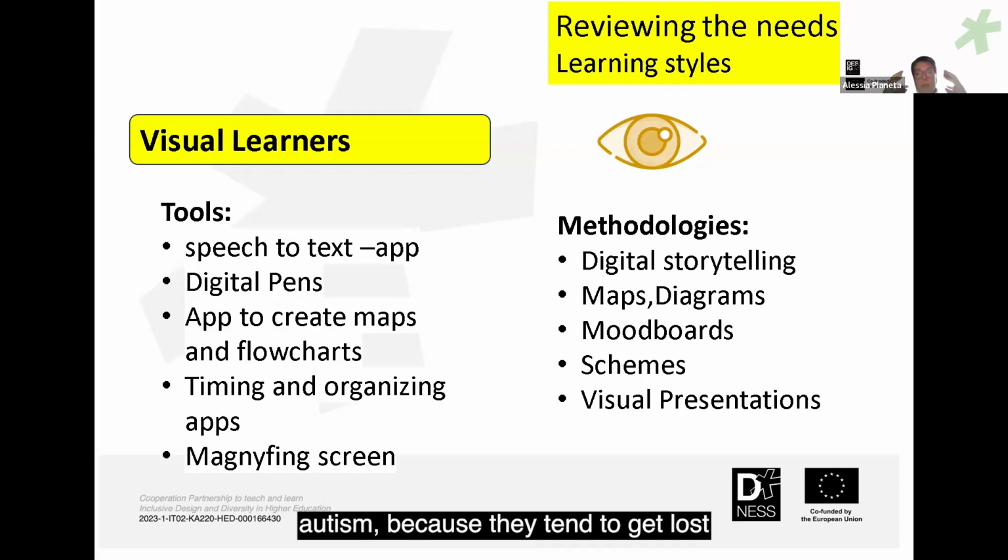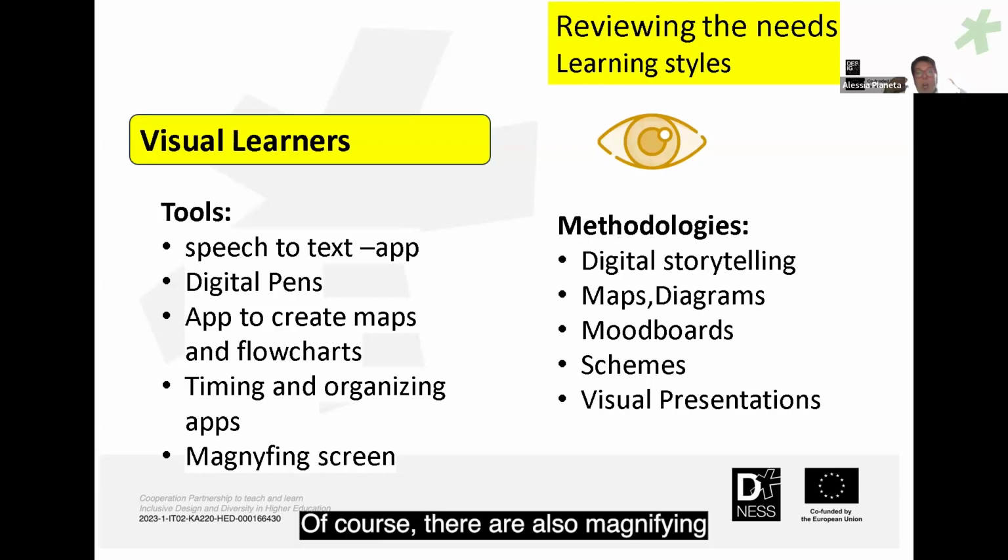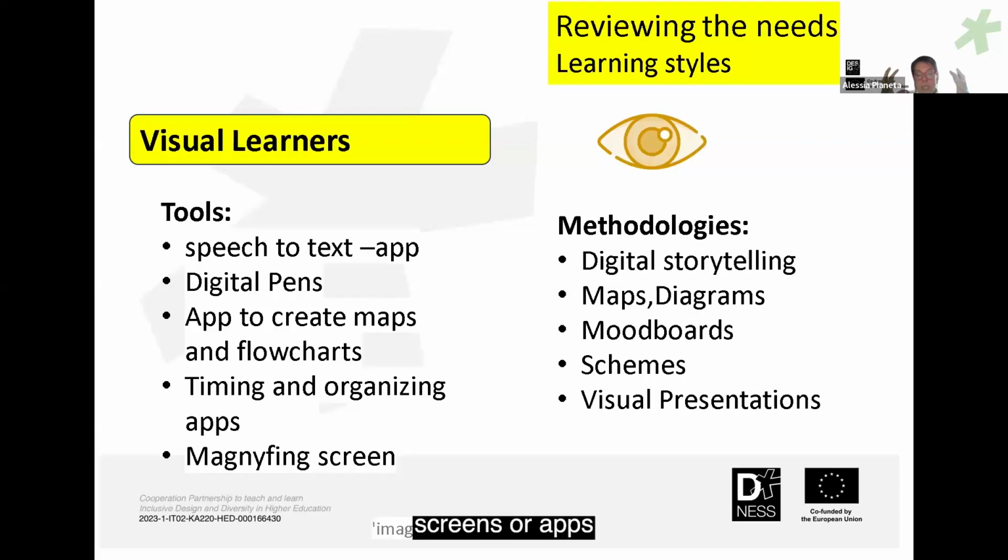And those are very useful for students with dyslexia or some kind of autism, because they tend to get lost and confused, to lose the sense of time and not to arrange their activity properly. Of course, there are also magnifying screens or applications that are already available within our Windows or Mac system.